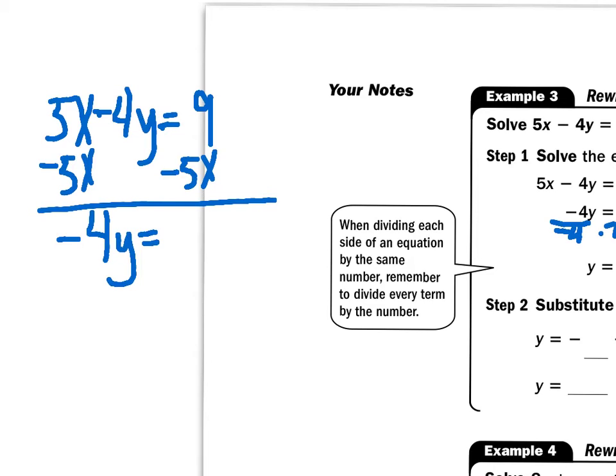And one of the reasons I moved over here to the blank slide is that they wrote 9 minus 5x. For slope-intercept form, the x comes first. So I'm going to go ahead and put my negative 5x first, and then my constant, which you know is the y-intercept, last. And I'm going to divide by negative 4.